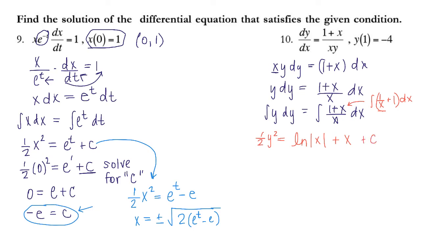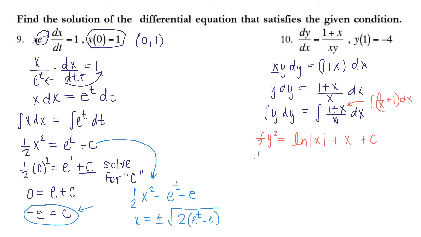Okay, and let's see, now let's see if we can't solve for c, or we can go ahead and solve for y, but it's a lot of times, to me, it's just easier to go ahead and solve for c. Now we were given the ordered pair 1, -4, so I'm going to plug in 1, -4, and let's see what we're going to get.